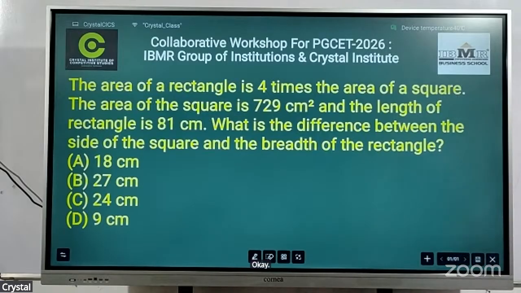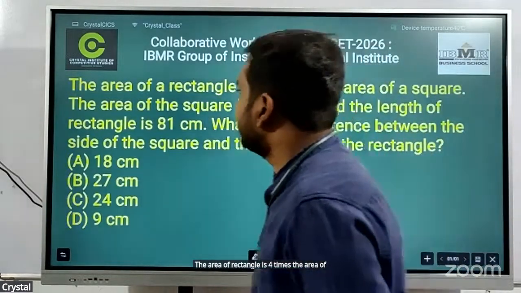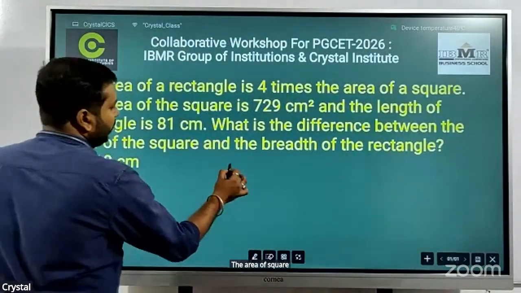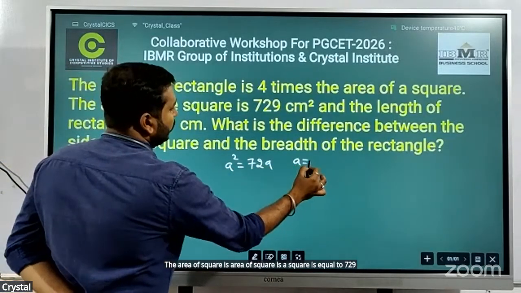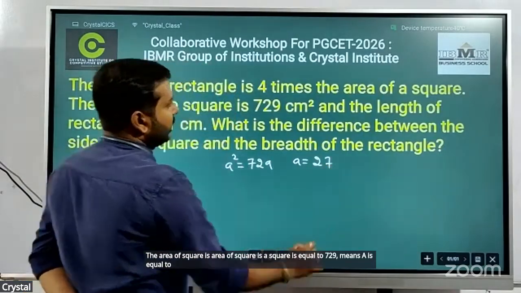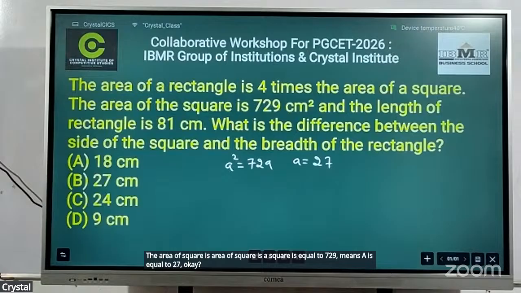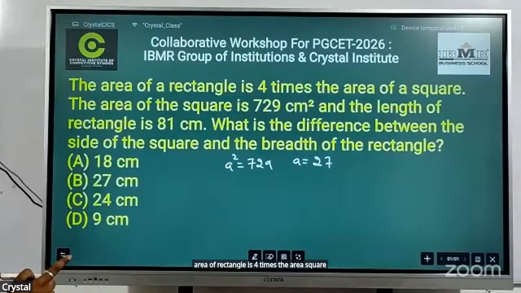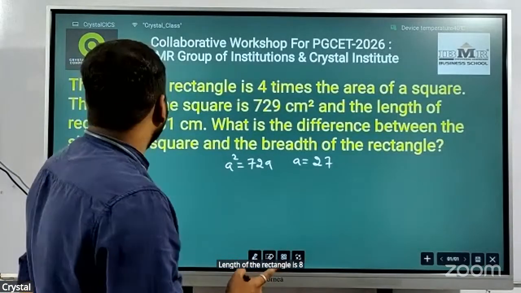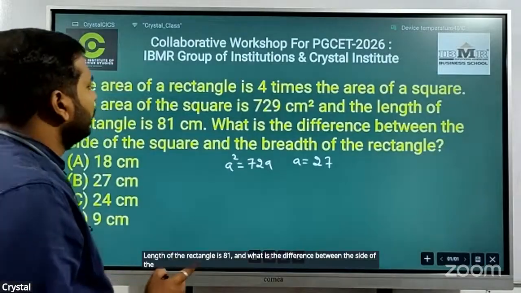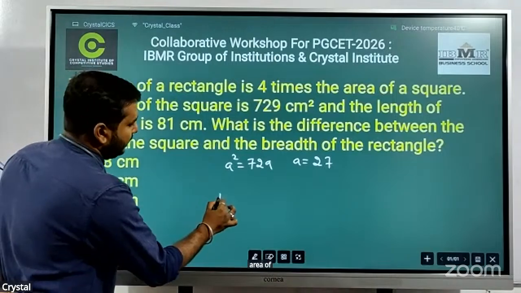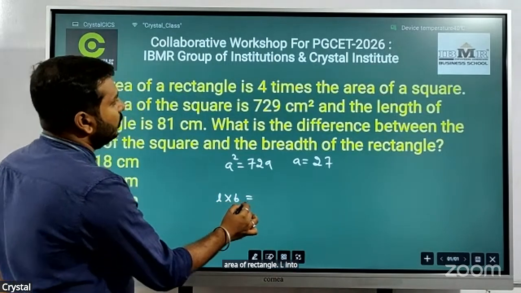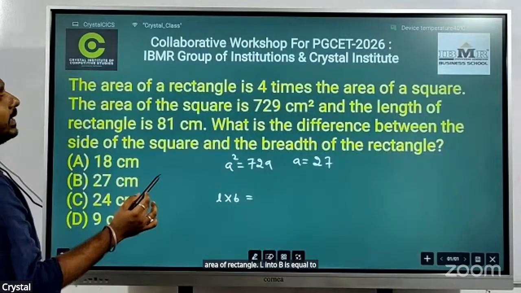The area of a rectangle is 4 times the area of a square. The area of the square is a square equal to 729, means a is equal to 27. The area of the rectangle is 4 times the area of the square. The length of the rectangle is 81, and what is the difference between the side of the square and the width of the rectangle? Area of rectangle L into B is equal to 4 times the area of square.